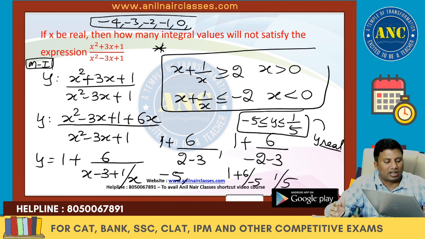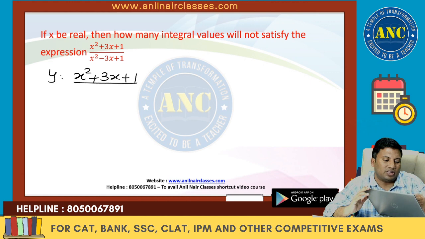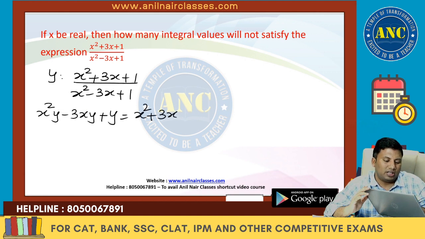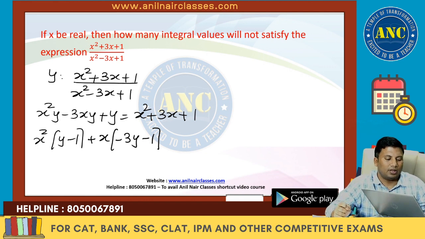In case you are not comfortable with this method, you can use another method. y is nothing but x square plus 3x plus 1 divided by x square minus 3x plus 1. x square y minus 3xy plus y equals x square plus 3x plus 1. x square into y minus 1, plus x into minus 3y minus 3.